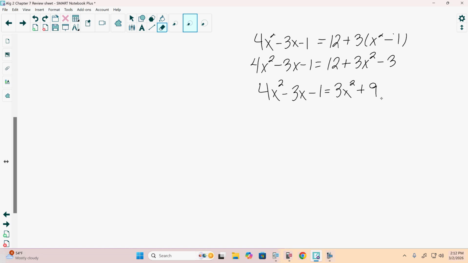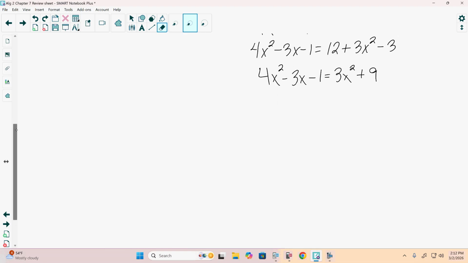Now that we have both sides simplified as far as possible, we still have quadratic terms. We need to get this equation equal to 0. So one of the first things we can do is subtract 3x squared from both sides.